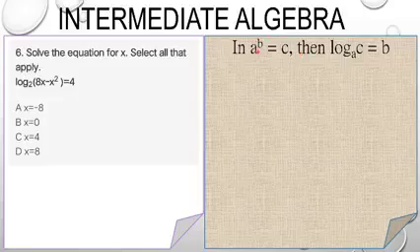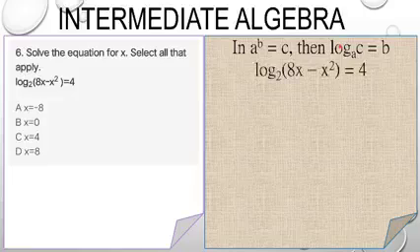If the exponential is given and we make it logarithmic, a raised to b is equal to c can be written as log of c to the base a is equal to b. If the logarithmic is given, log of c to the base a is equal to b, when we make it exponential notation, it becomes a raised to b is equal to c. Okay? Again, remember these equations or formulas when transforming exponential to logarithmic or vice versa.